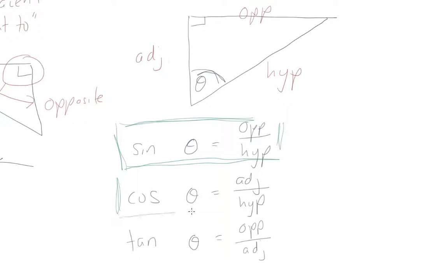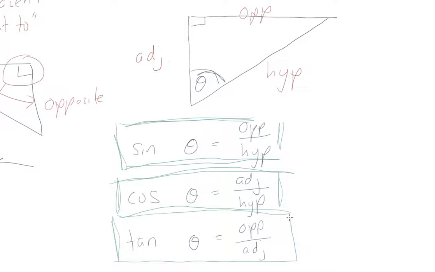In terms of shortcutting the memorizing of these, we will refer to a figure of speech, SOHCAHTOA. Each of these breaks down into 3s. SOH has to do with sine, CAH has to do with cos, TOA has to do with tan.